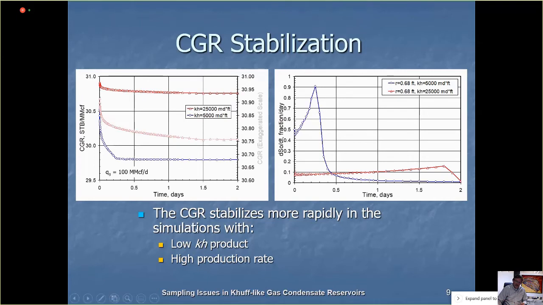So what you see here is that over a longer period of time, the CGR stabilizes, and it does so more rapidly with the larger drawdown. Basically they're all stabilizing within about 2 days. These are all being produced at the same rate.